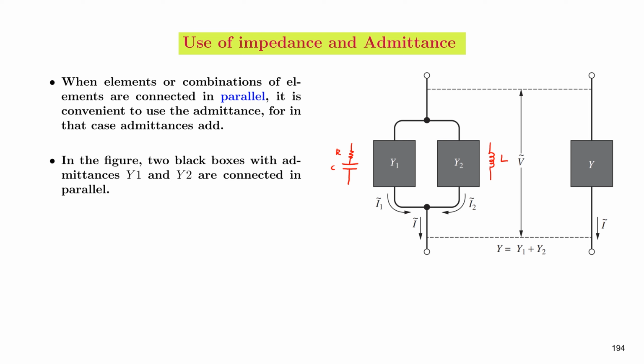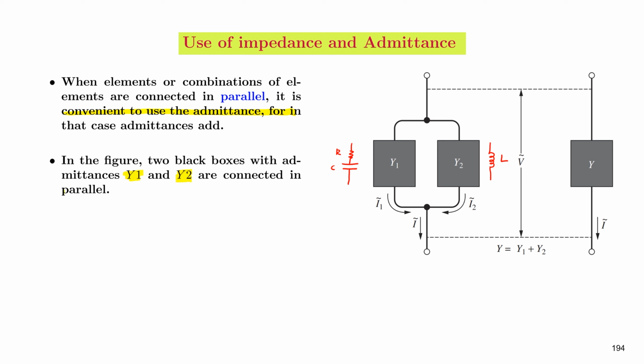These two boxes are in parallel, and when we have such a combination, we can conveniently use the admittance of the circuit to solve for the currents and voltages in the circuit. Let us assume that we have somehow found out the admittances of the two boxes. For the first box, the admittance is Y1, and for the second box, the admittance is Y2.